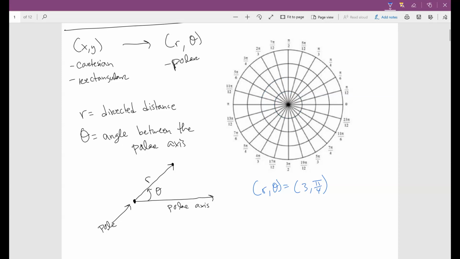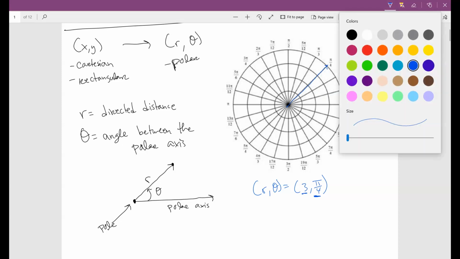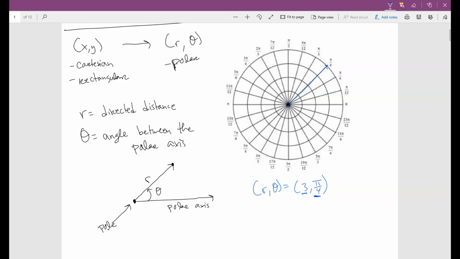So here what it's saying is that the radius is going to be 3 in the pi over 4 direction. Pi over 4 is in this direction, starting from the pole. I can extend infinitely, but I only want it to go up to a radius of 3. So I'm going to count 3 circles: 1, 2, 3.